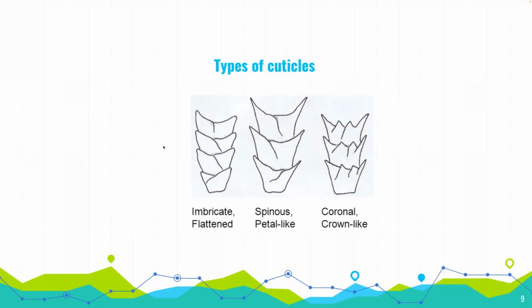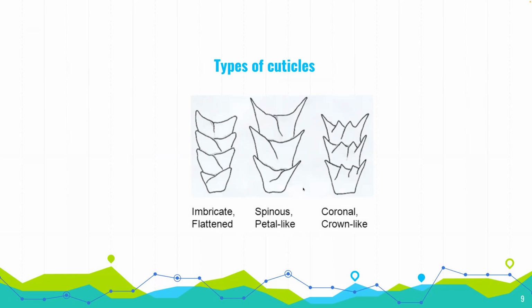All right, so types of cuticles. These include imbricate, spinous, and coronal. Imbricate is kind of a flat structure. I guess this picture isn't really the best way to describe it, but it looks kind of flat in here. Spinous is over here. I know it says petal-like.